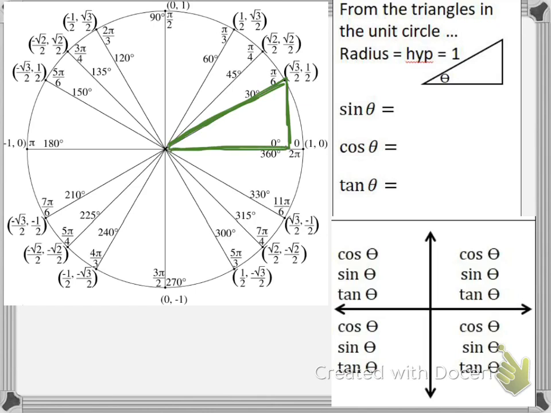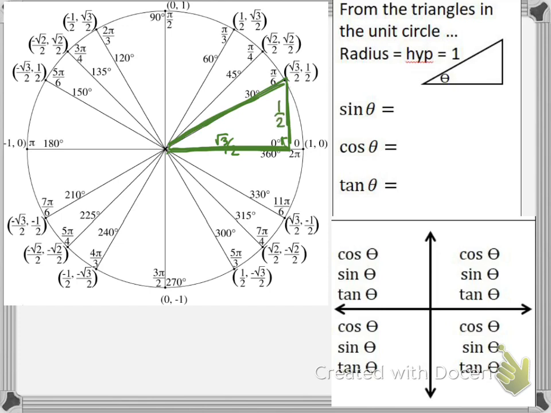It's got to be a 30, 60, 90 or 45, 45, 90. It's not the same on both sides. So it's telling me the long side in the x direction is my root 3 over 2. The short side in my y direction is my 1/2.